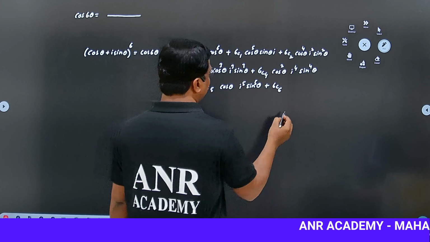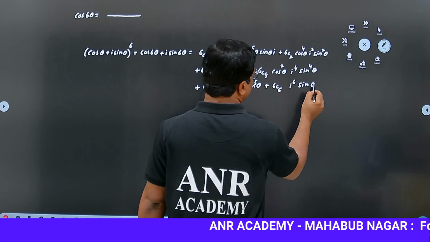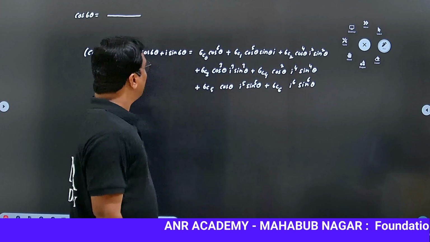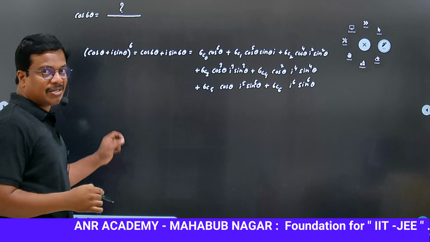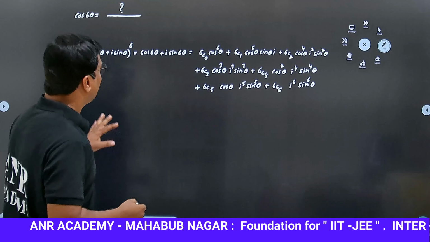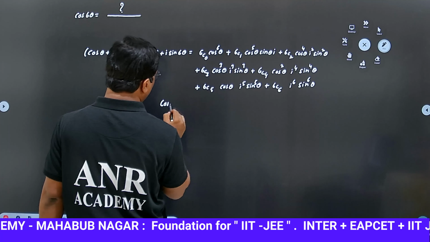The last term we get is 6C6 multiplied by i^6 sin^6 theta. To get cos of 6 theta, you have to compare the real part. Now I am going to compare the real part.